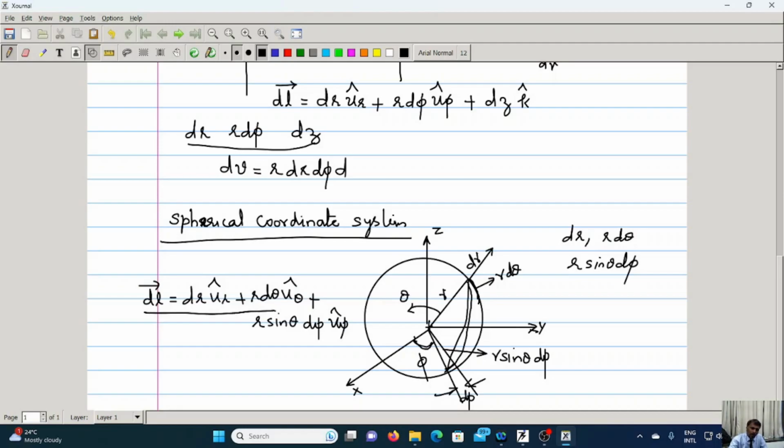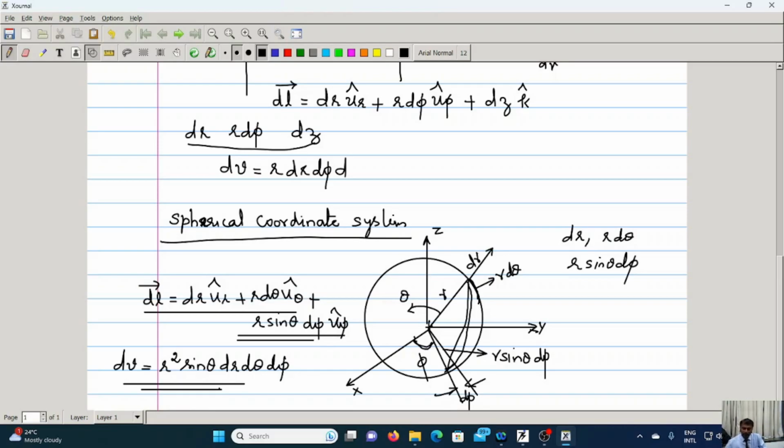This is the small incremental length. Then for the volume, you just multiply the sides. Two r's are there, therefore we can write r square sine theta dr d theta d phi. So this is the small volume element.